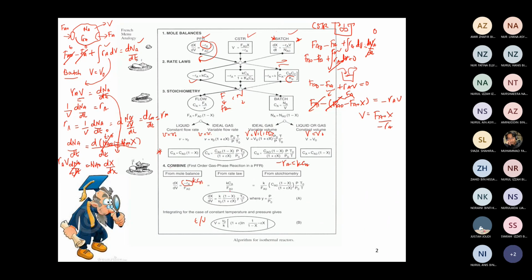Here you have to expand CA, referring back to what CA is equal to. For this one we assume it is PFR. So from there, replace the CA and you will get this equation.